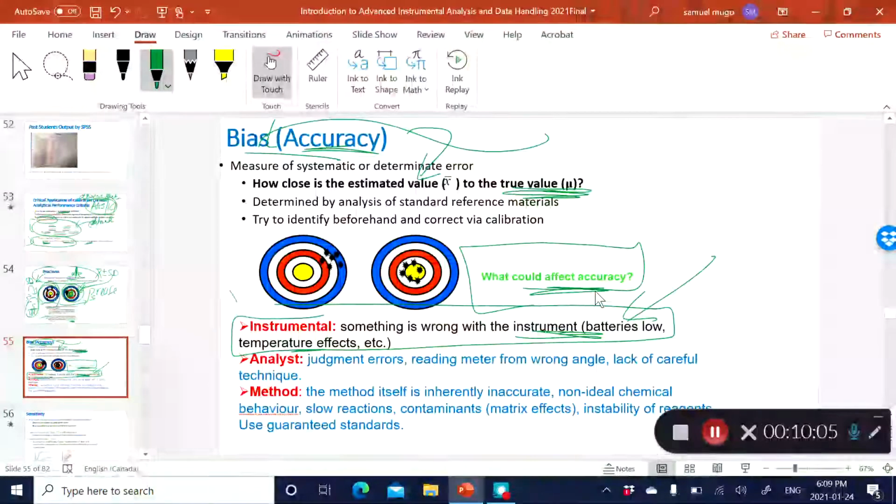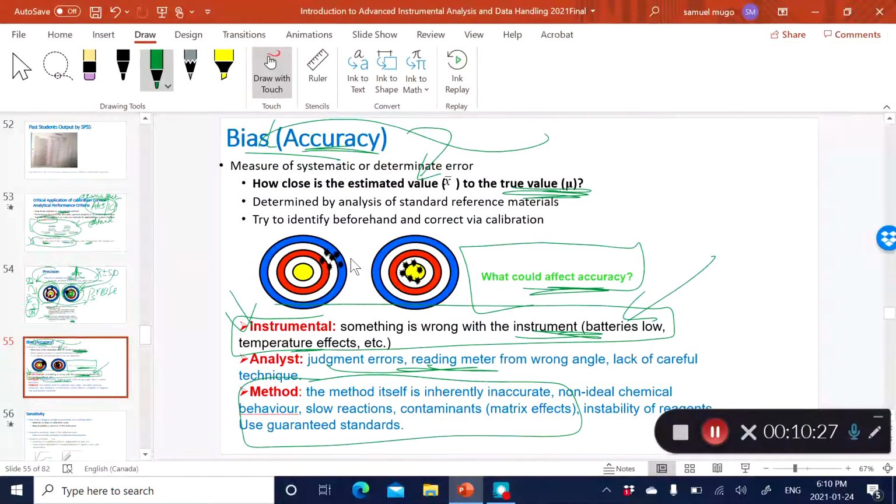But other than the instrument, accuracy could also be affected, of course, by the analyst. And hopefully the analyst, meaning you, become fairly skilled, such that you do not make errors in your measurements that affect the accuracy. But other things that can affect accuracy is the way you work up your sample.